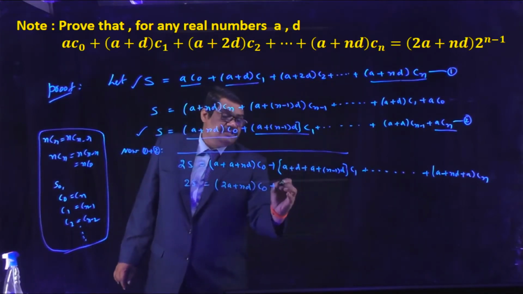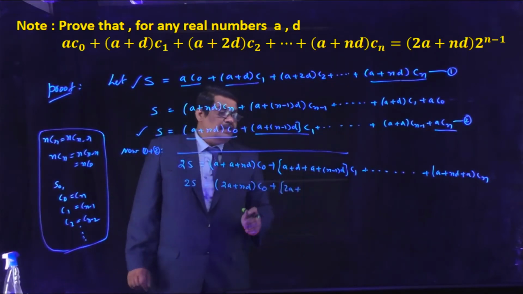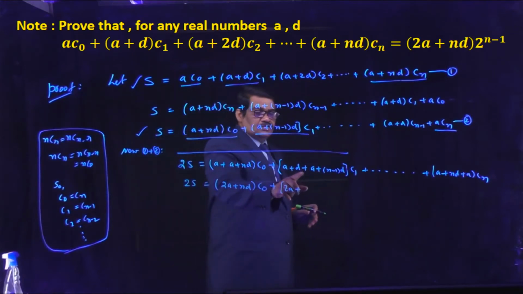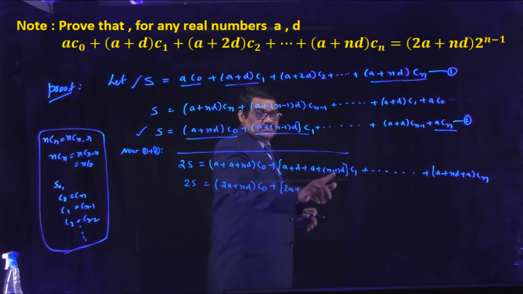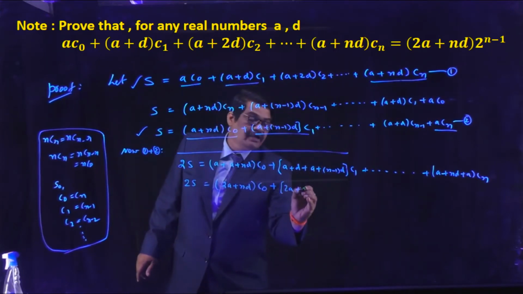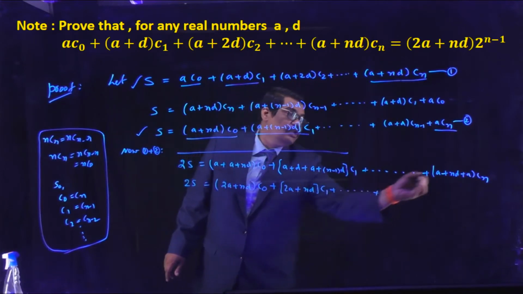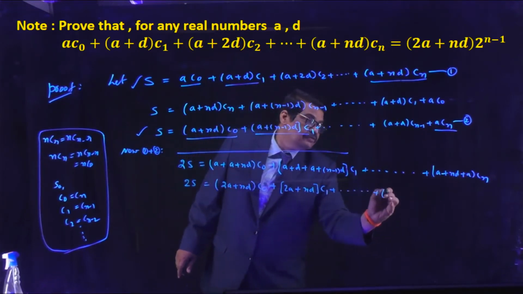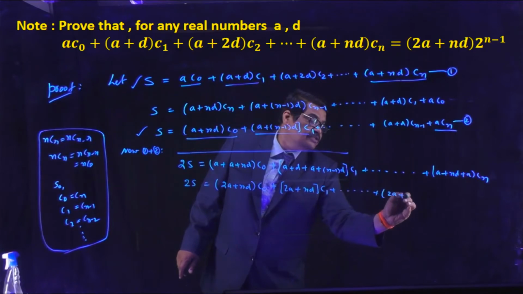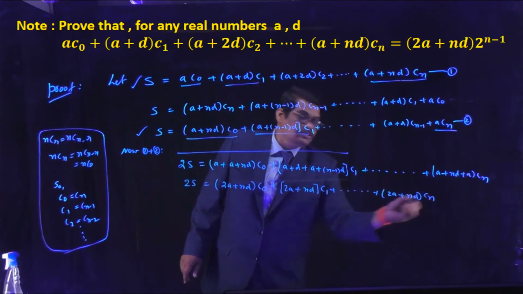Here A plus A, that is 2A. Here n minus 1 into d is n into d minus d. Minus d plus d will be cancelled. So again we are getting nd into C1 and so on. The last term is also A plus A, that is 2A plus nd into Cn.